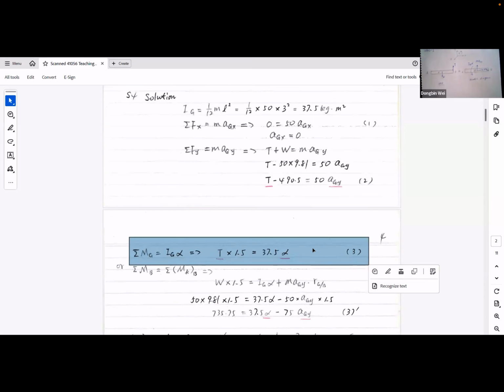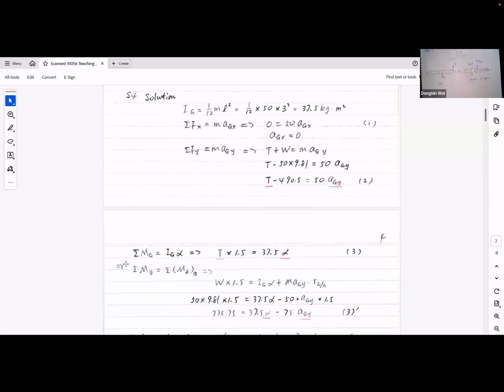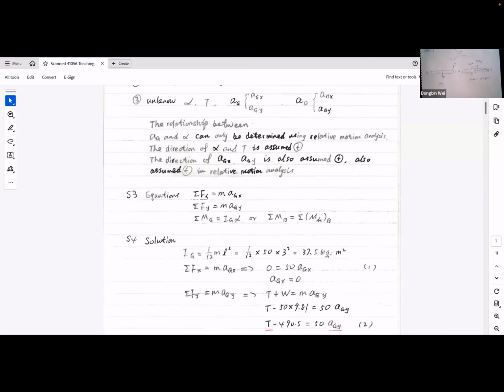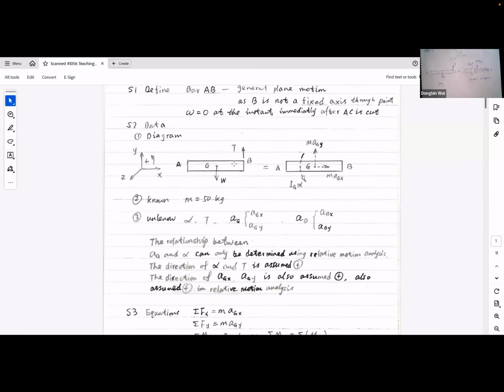For this third equation, if you like, you of course can use another point to do your calculation. For example, using point B for your calculation. And this time, on the left side, we will need to calculate the moment generated by the weight force W about B. Okay, again, this is counterclockwise, and this should be positive.